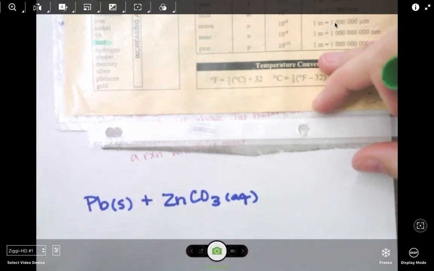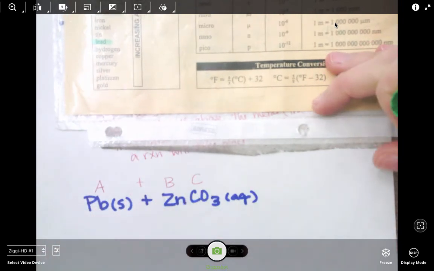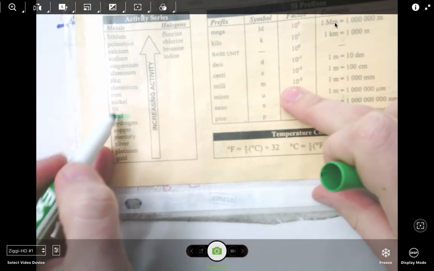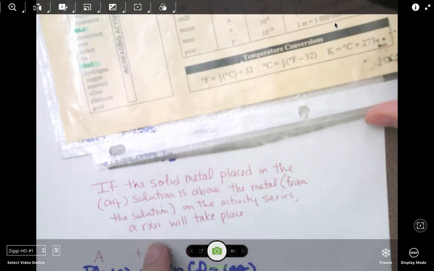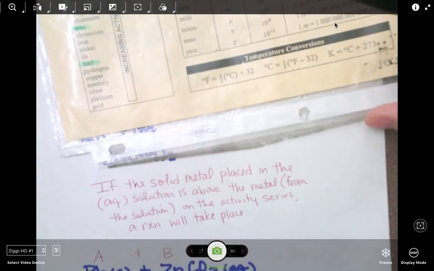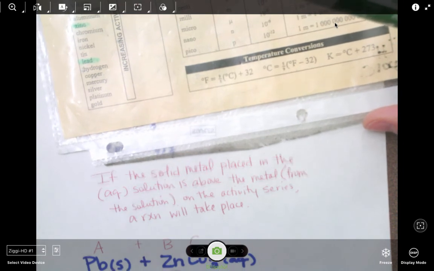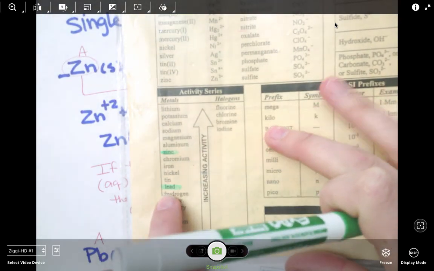So I have A plus B, and then carbonate would act as C. Well, up here on my activity series, lead is down here, and zinc is way up here. According to this, if the solid metal placed in the aqueous solution, so that would be the lead in this situation, is above the metal from the solution, which would be zinc, then the reaction will take place. Well, if you look here, lead is below zinc.